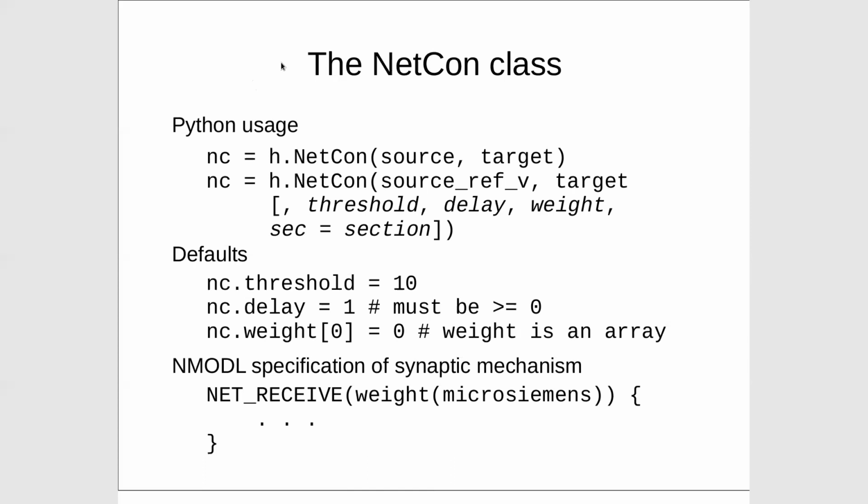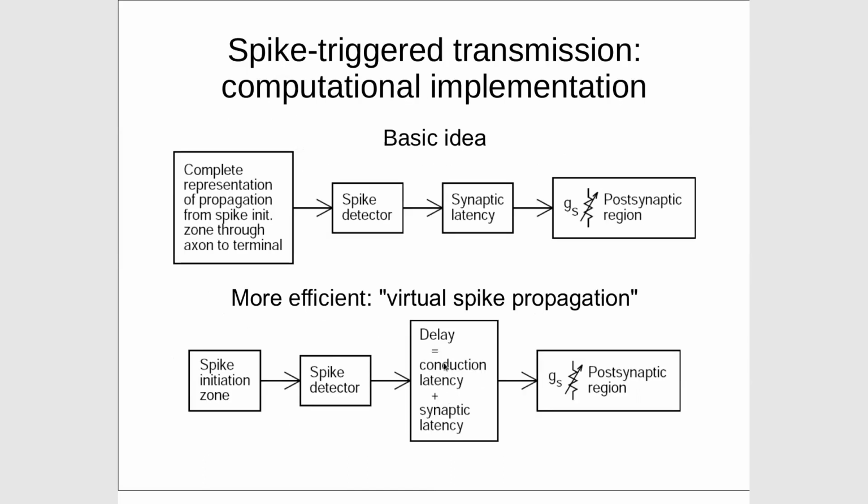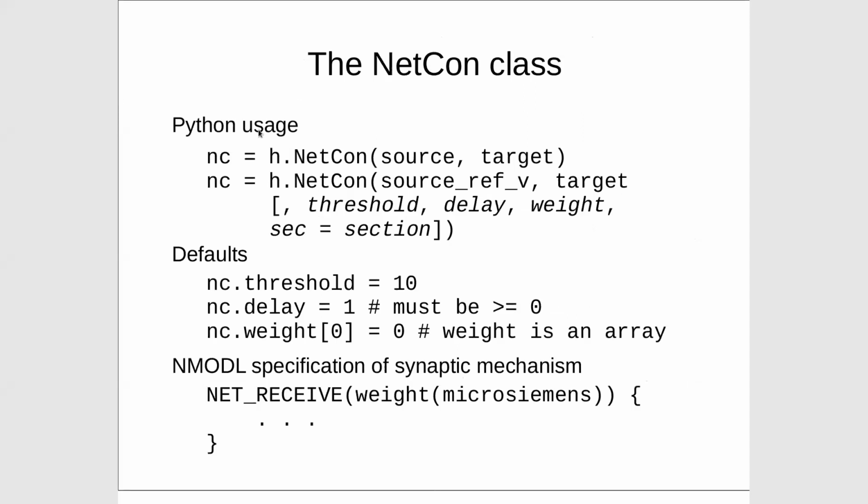And to do this, we take advantage of a thing called the NetCon class. Now, what does the NetCon class encapsulate? It encapsulates a spike detector and a delay and an event delivery system. Okay?